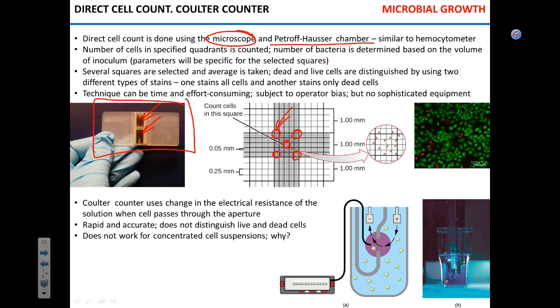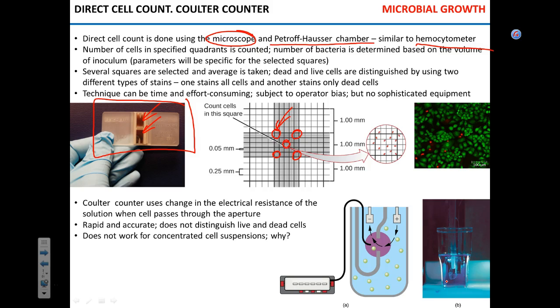It's really simple, okay? So all you have to do is to take a bacterial specimen, add some stain, throw it on the chamber. It's similar to a hemocytometer. And then you count the number of cells in the squares. Okay? Does that make sense?